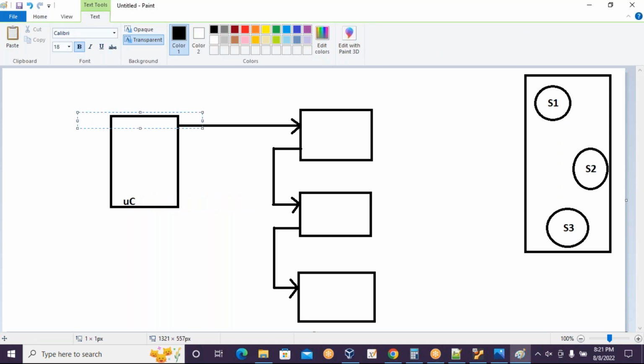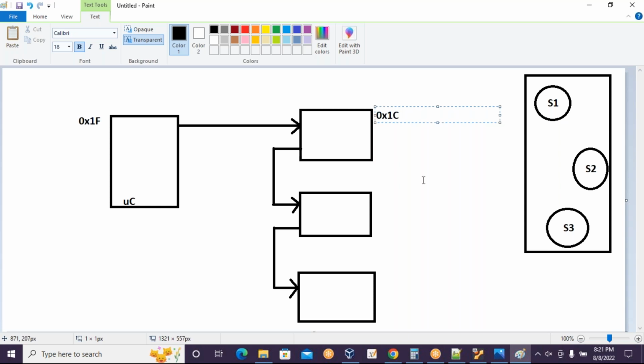So let's see, this master's shift register right now is having some data like 0x1f. I'm just taking. The shift register of this slave is having some data 0x1c. Just an example.